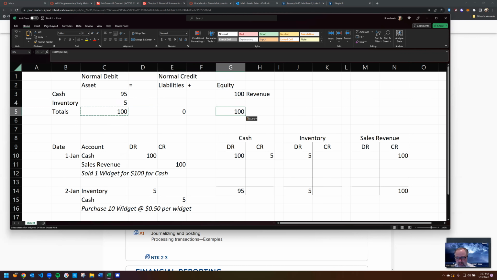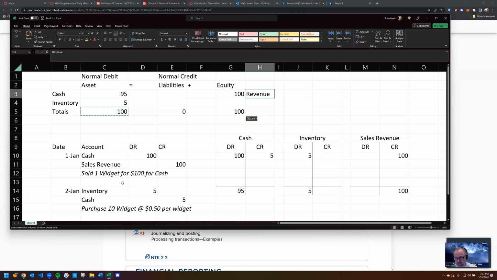And in the end, the idea is that you have accounts, and they have normal balances. Those normal balances tell you how an account goes up, but by default they also tell you how an account goes down. So cash goes up when you debit it, it goes down when you credit it, and revenue goes up when you credit it and goes down when you debit it.